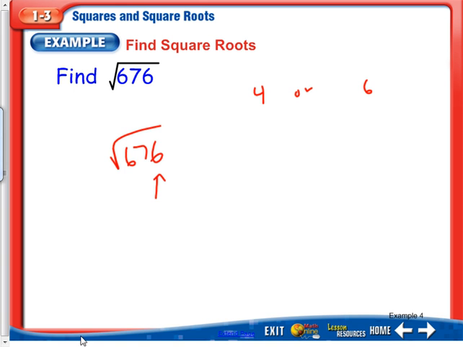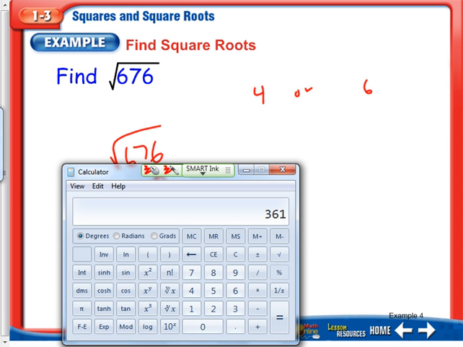But again, with your calculators, if you look at your calculators on your iPads, you have this little square root symbol. If you use this square root symbol, you're going to need to press the square root symbol first and then type in the number 676.